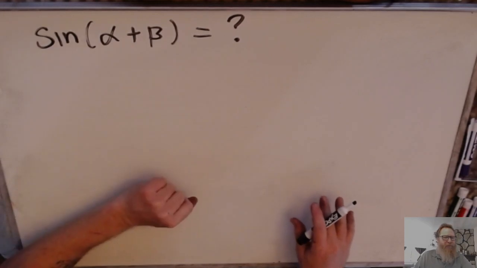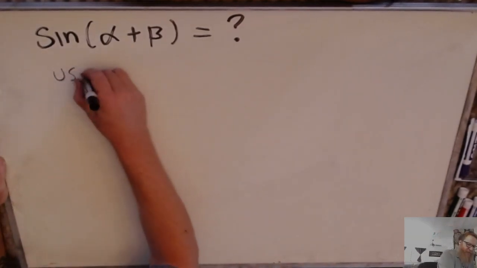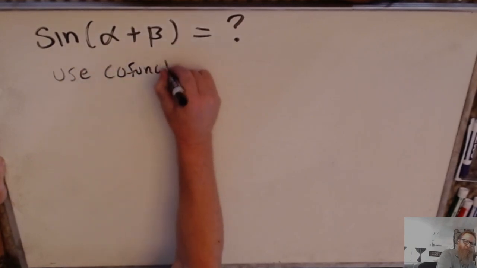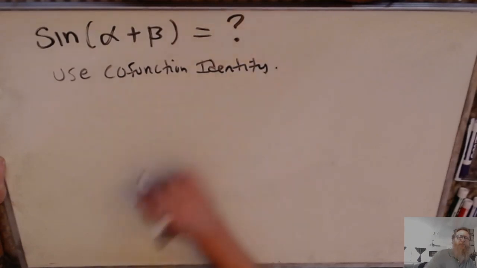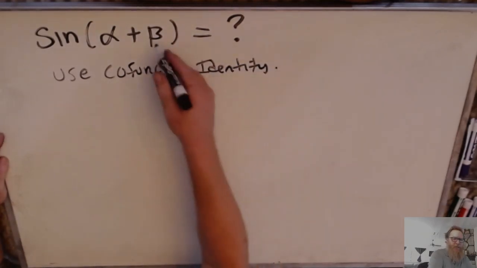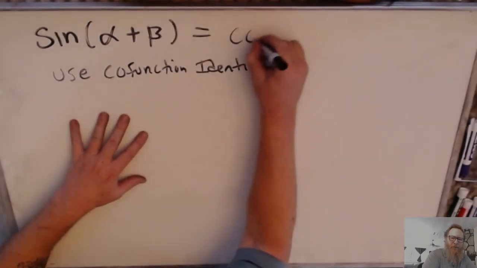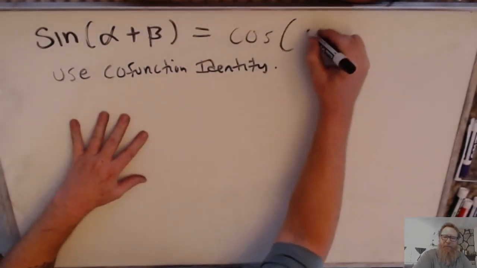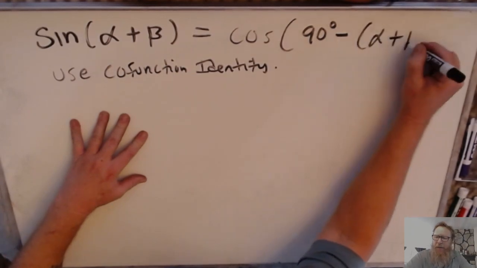So sine of alpha plus beta. We're going to use a cofunction identity. Remember, sine of alpha plus beta is equal to cosine of 90 degrees minus alpha plus beta.